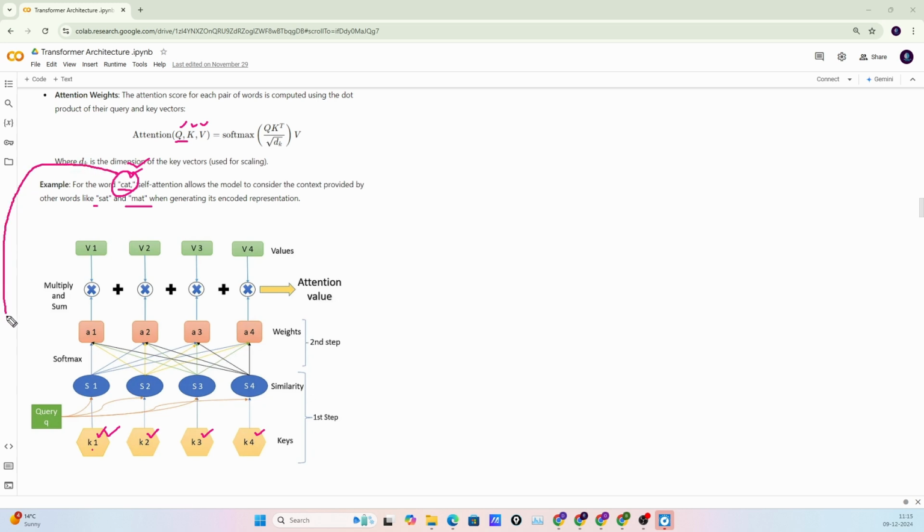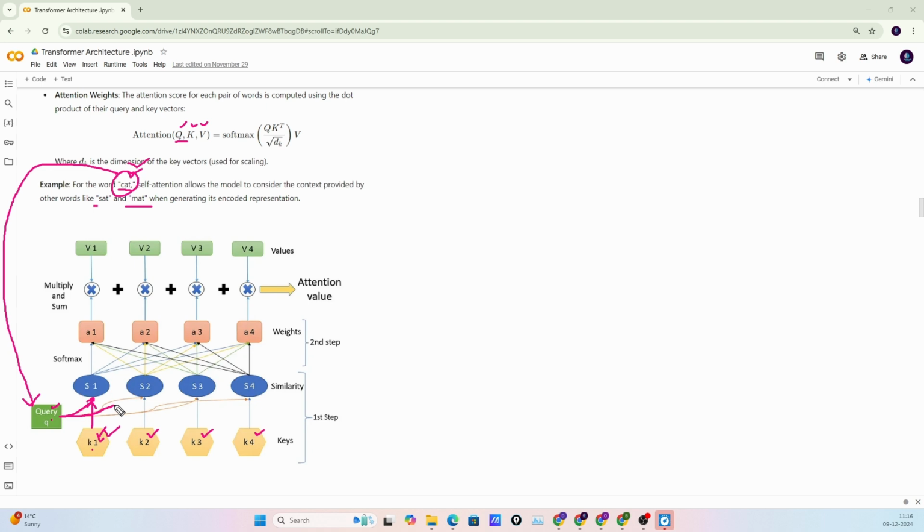So we calculate the query vector by multiplying the cat word embedding with the query weight. So the query vector basically contains the cat embedding times the query weight. Then we perform the dot product between this query vector and the key vector for the word cat.